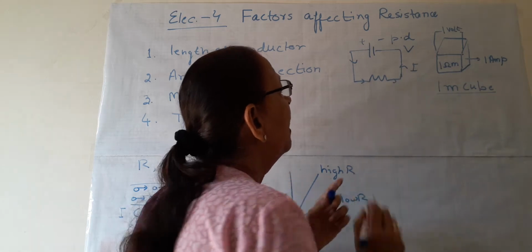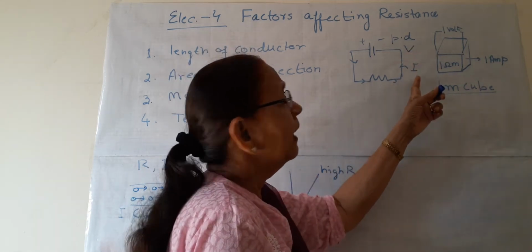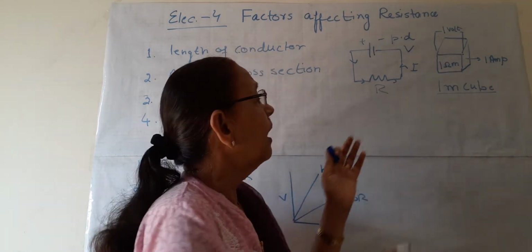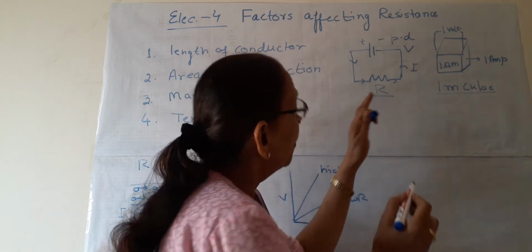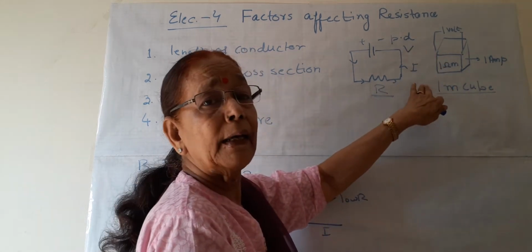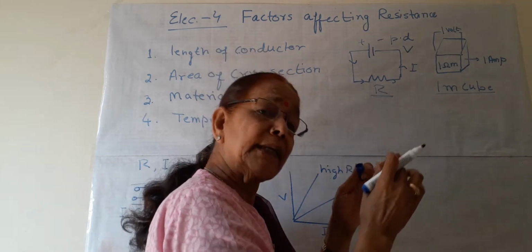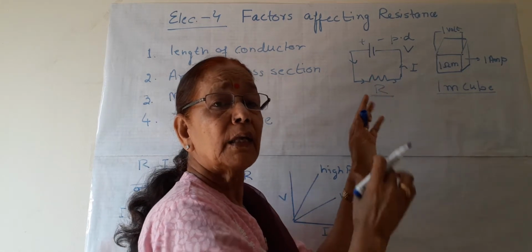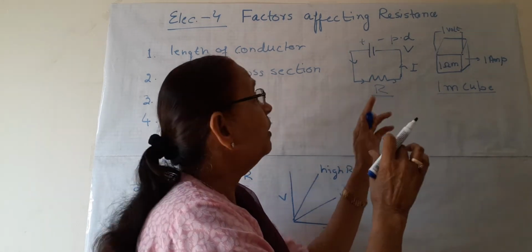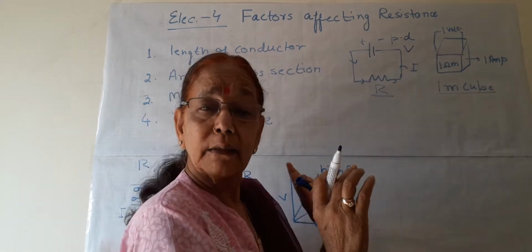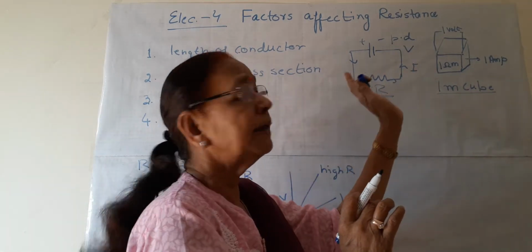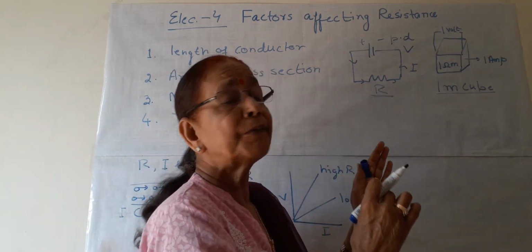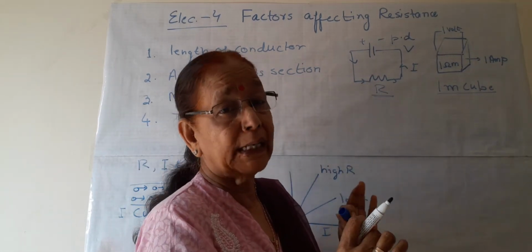Suppose this current is I. Once V and I are there in the circuit and this resistor has the resistance, suppose R, this R will not change with V or I. They both together can adjust themselves, but the R, the resistance of this conductor, is fixed. It does not depend on V and I. This is one thing, that PD and current are not affecting the resistance. This is the inbuilt quality of the resistor or conductor.